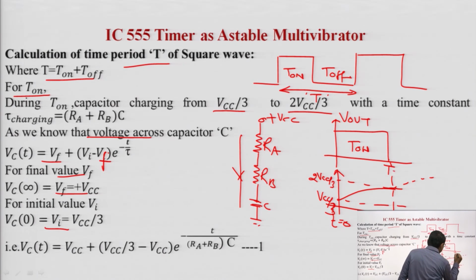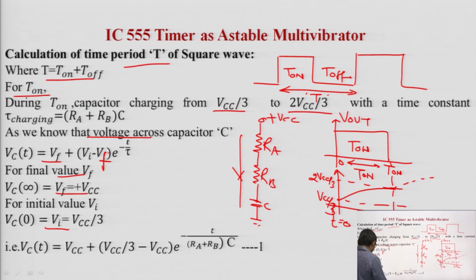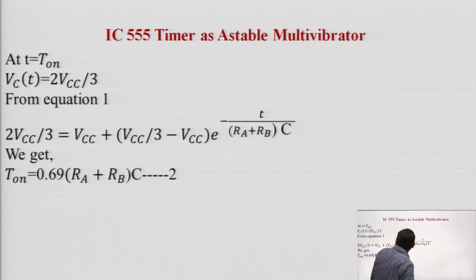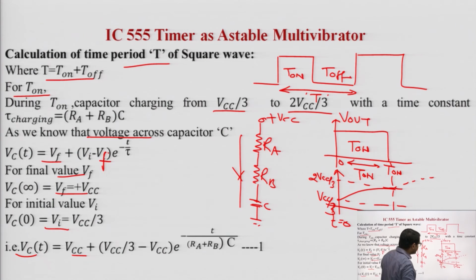We calculate this duration t on first. So Vct equals Vcc plus Vcc by 3 minus Vcc, into e to the power minus t by tau charging, where tau charging is Ra plus Rb into C. Now at t equal to t on, the voltage across the capacitor is 2 Vcc by 3.